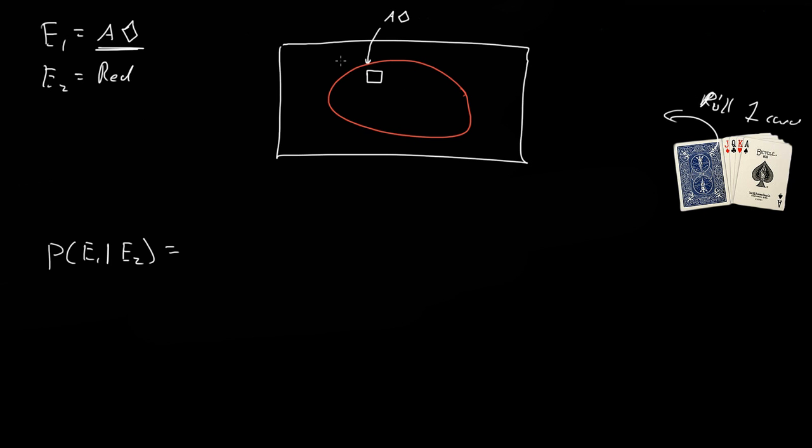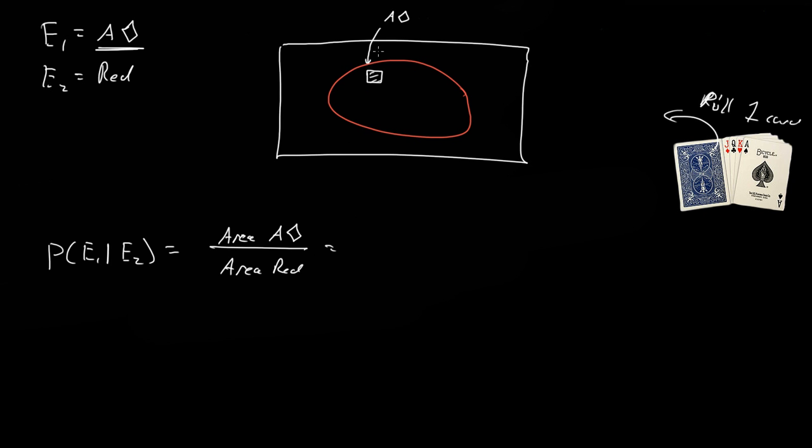So all we want to know is the ratio of the area of the ace of diamonds divided by the total area of the red.